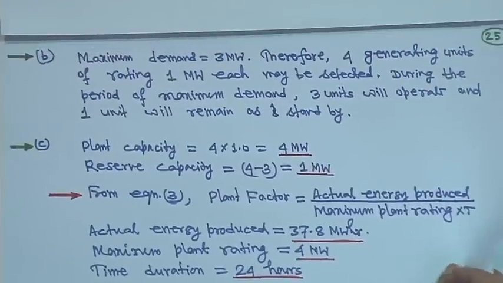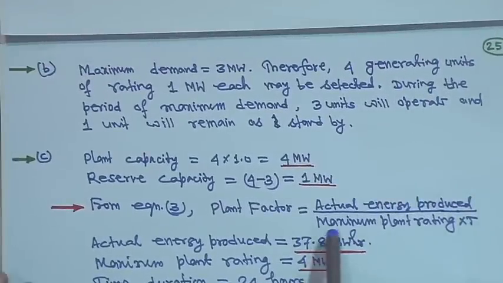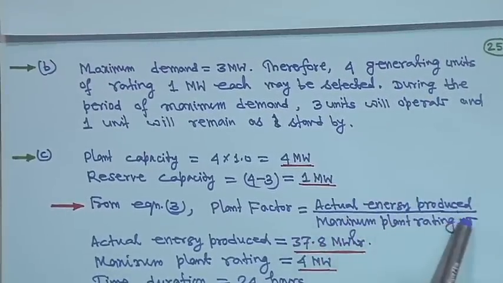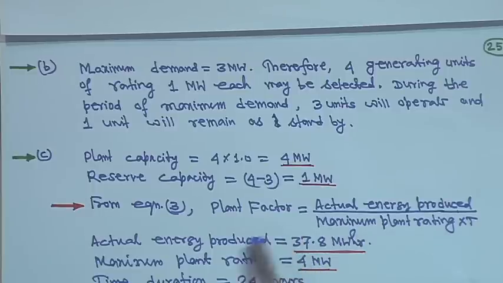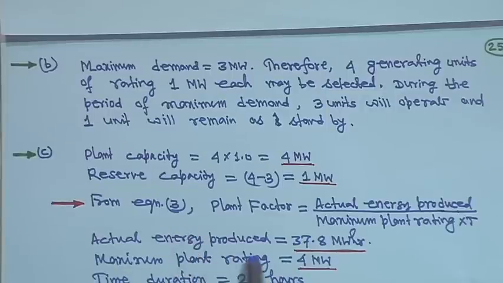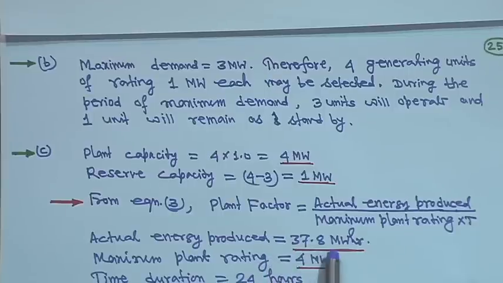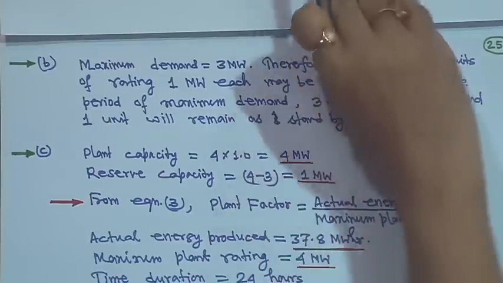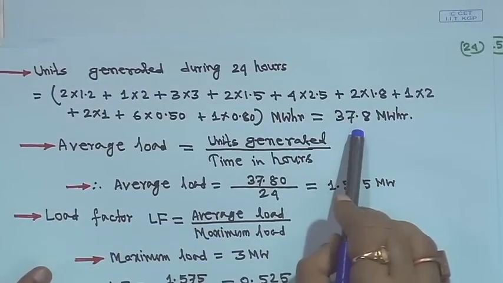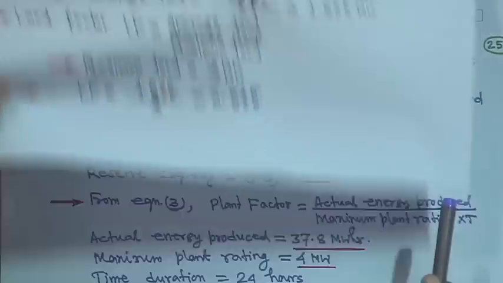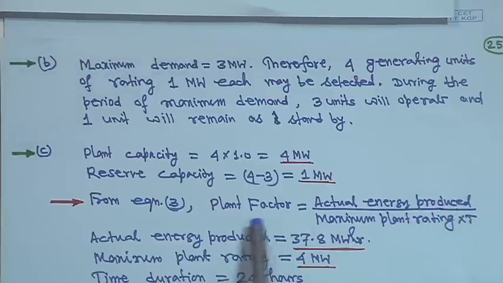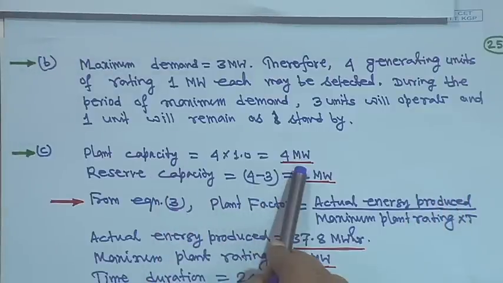Now, from equation 3, plant factor is equal to actual energy produced divided by maximum plant rating into T. Actual energy produced is equal to 37.8 megawatt hour, as we have just seen, and the plant capacity is now 4 megawatt.